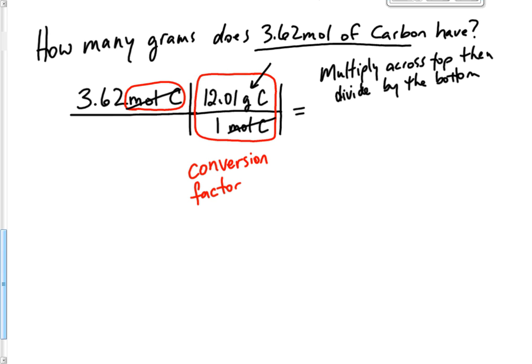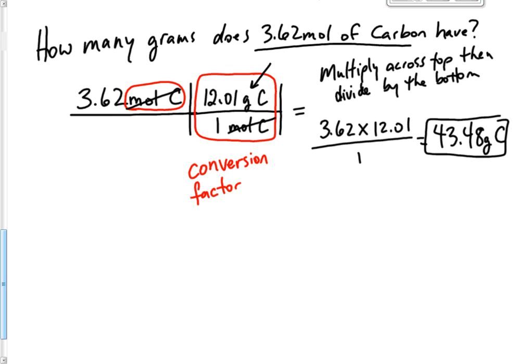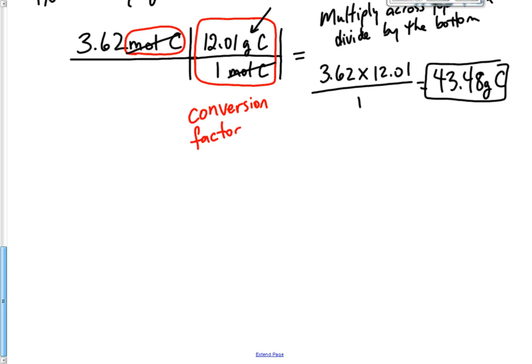So we have 3.62 times 12.01 divided by 1, essentially. And when we do that, we get 43.48 grams of carbon. And there's your answer. That's how many grams of carbon are in 3.62 moles of carbon.